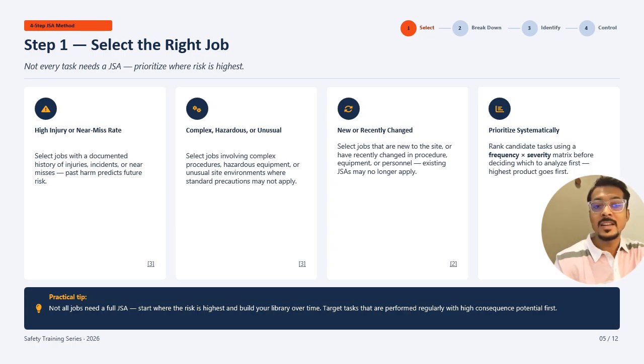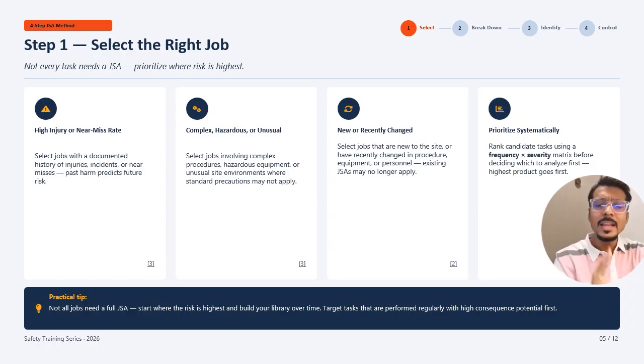Complex, hazardous, or unusual: select jobs involving complex procedures, hazardous equipment, or unusual site environments where standardized precautions may not apply. New or recently changed: select jobs that are new at the site or have recently changed in procedure, equipment, or personnel.